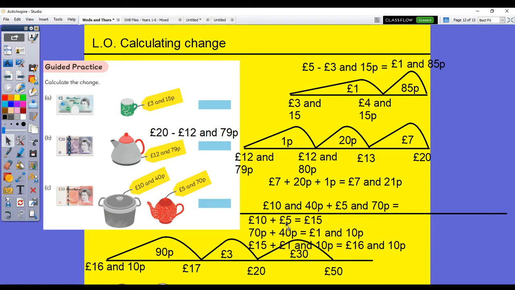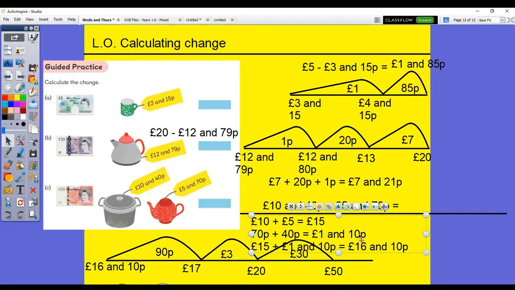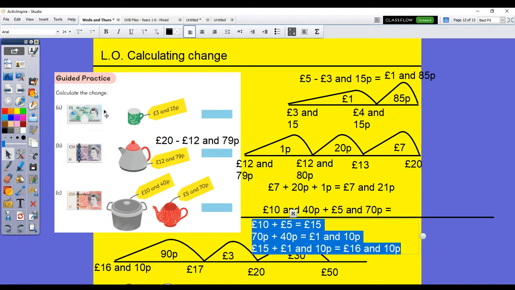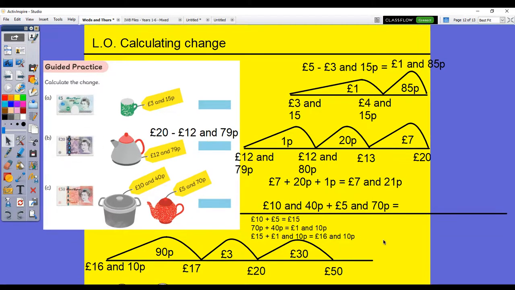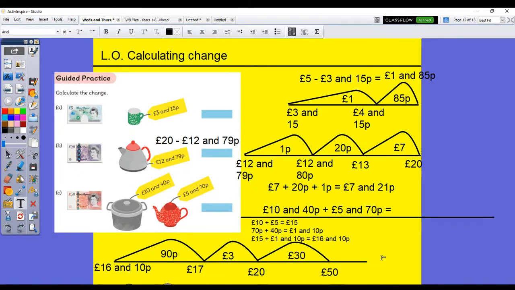I'm going to write it down. I'm going to make this a bit smaller so we can fit everything in. Okay, so if we had £30 plus £3 plus 90p, how much is that going to equal altogether? 30 plus 3 is going to equal £33 and 90 pence.